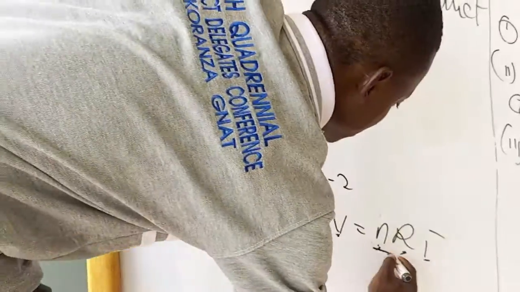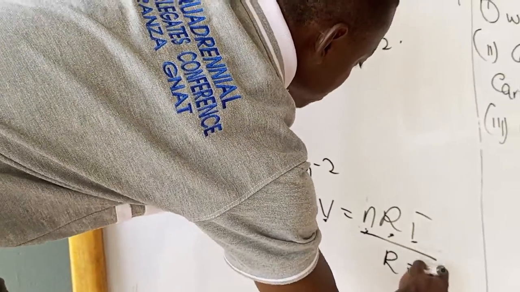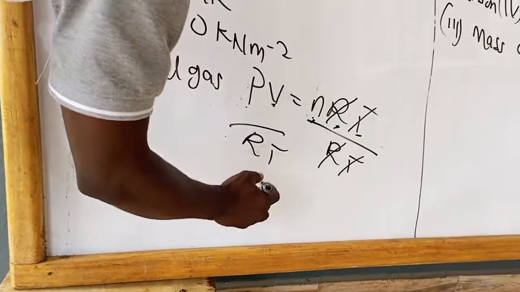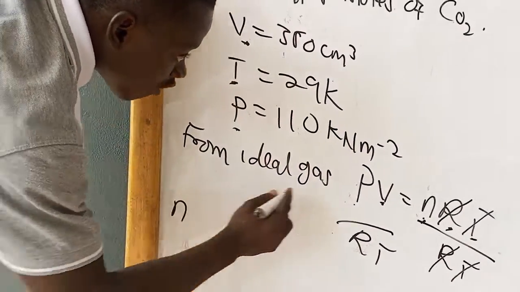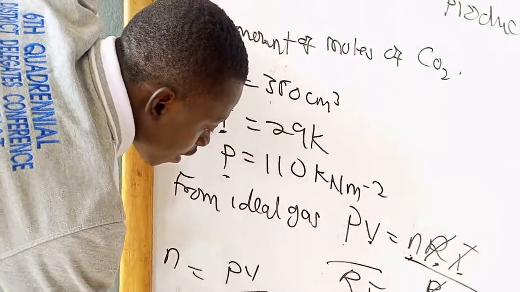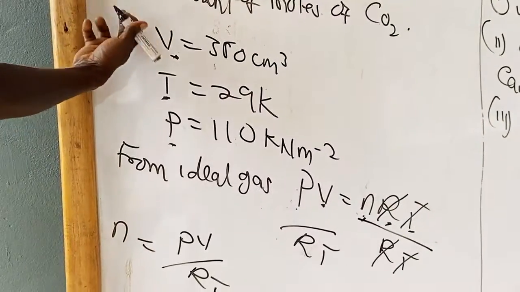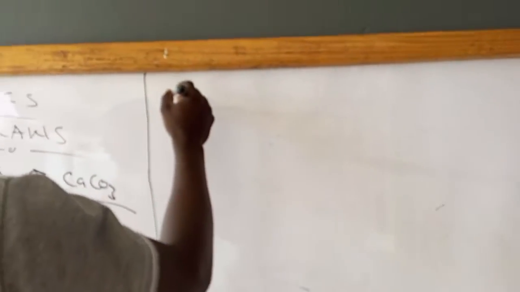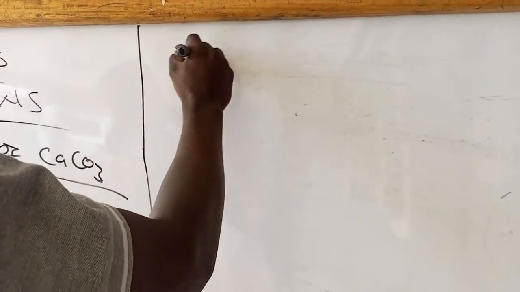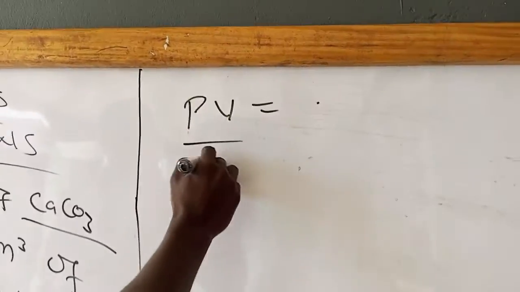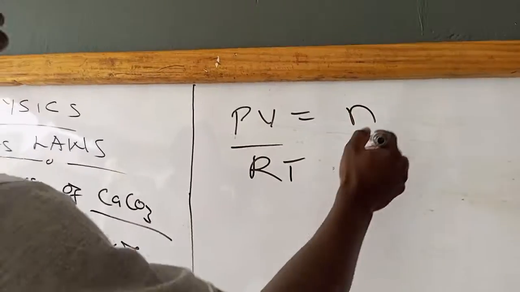So you divide both sides by RT, where temperature cancels temperature and the constant cancels the constant, leaving the number of moles, or amount of substance, equal to PV over RT.